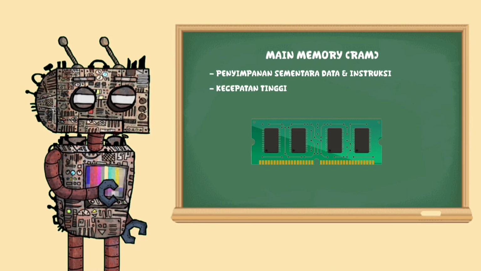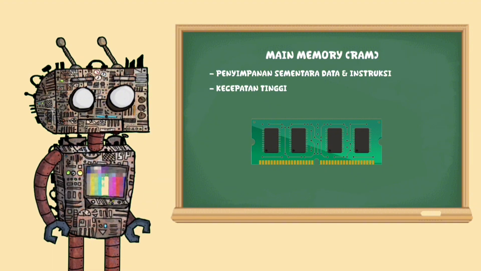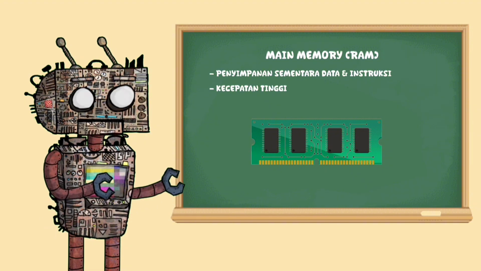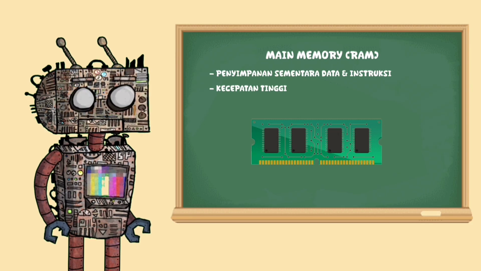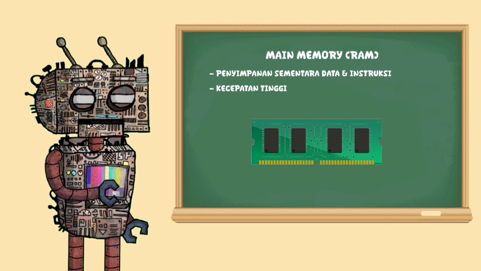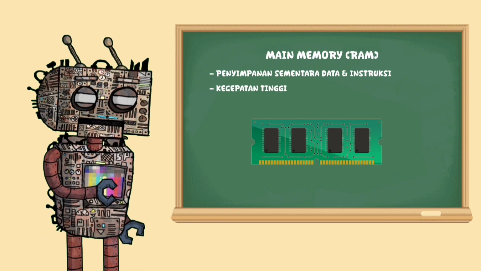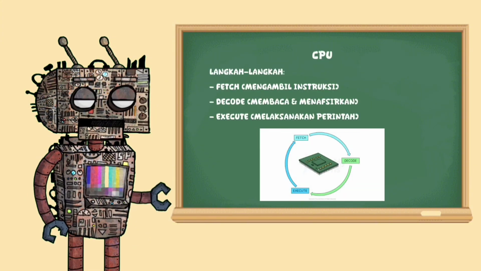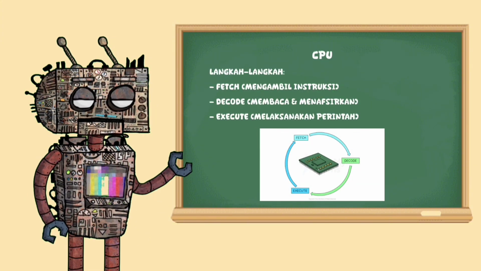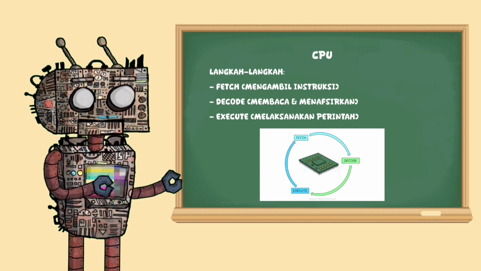After passing through the I/O controller, data is transferred to main memory, specifically RAM. RAM serves as temporary storage for data and instructions that are being processed. Because RAM has high speed, data can be transferred and accessed in a very short time.